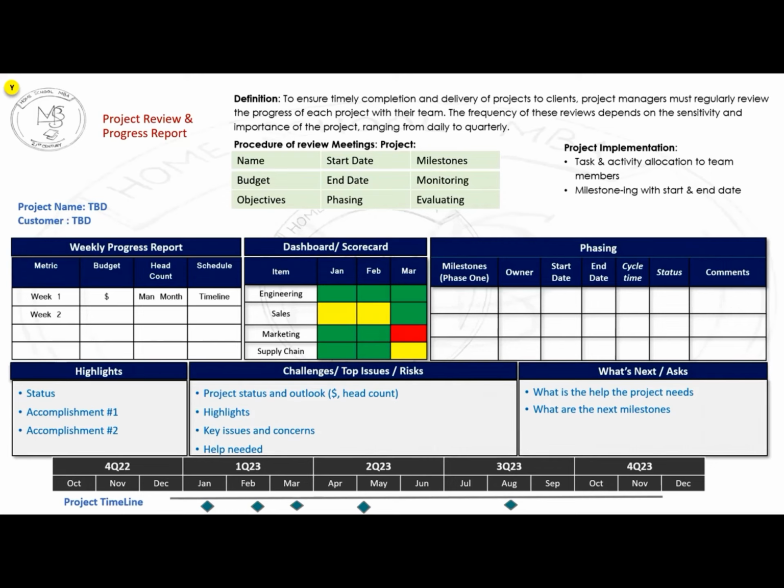And within that, you are fixing what we call milestoning or phasing. That in the first phase, from this date to this date, this task must be completed. And then from this date to this date, so and so task must be completed, and so on. You go to the end date.